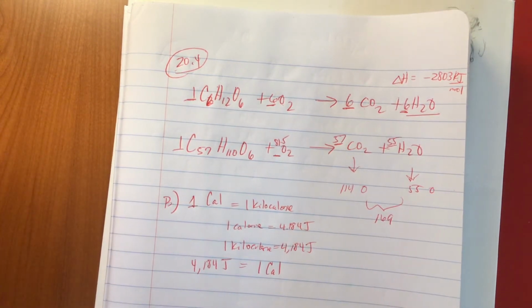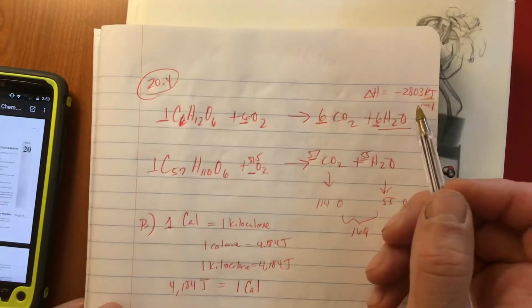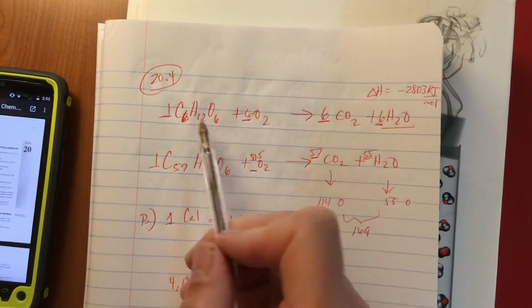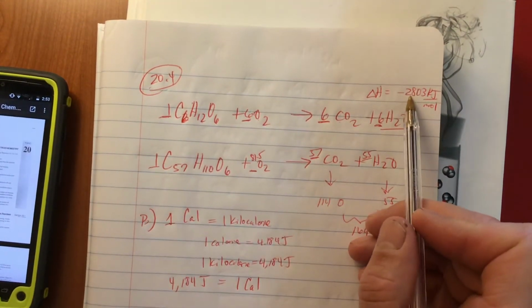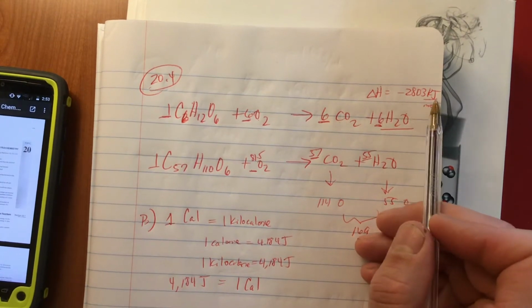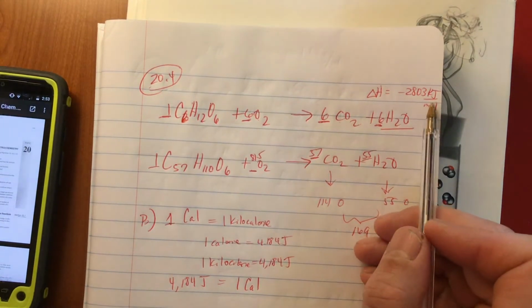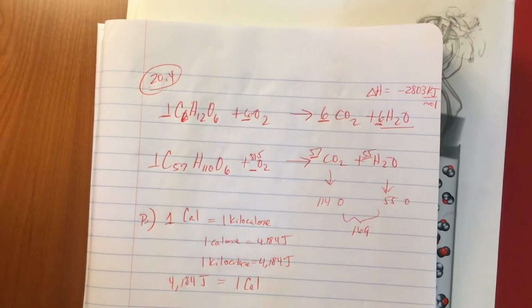Well, if we react 1 mole of glucose, we produce 2,803 kilojoules. So what they want this in calories per gram? Is that what they said?